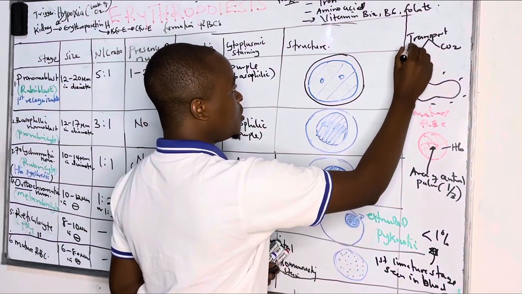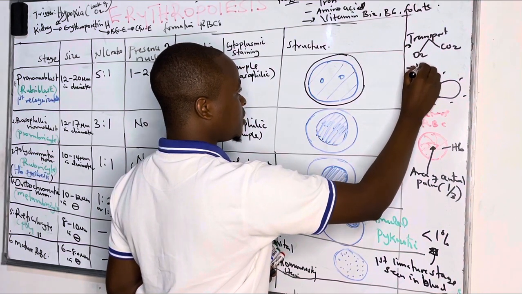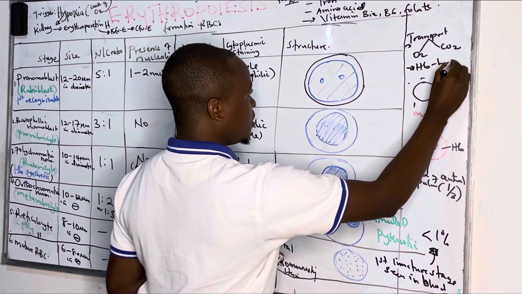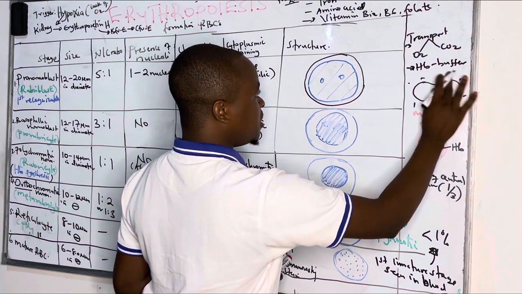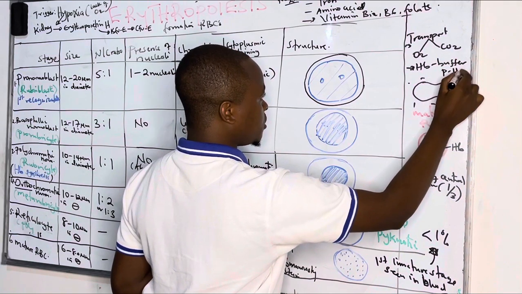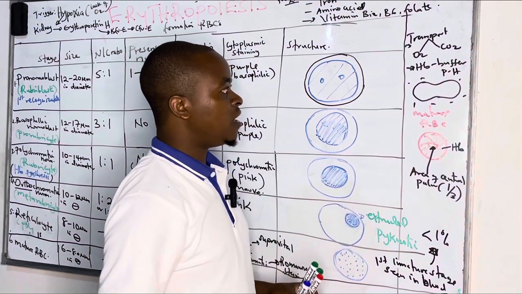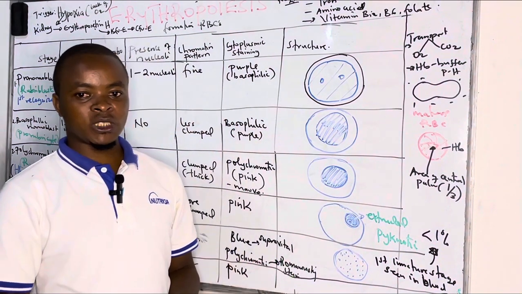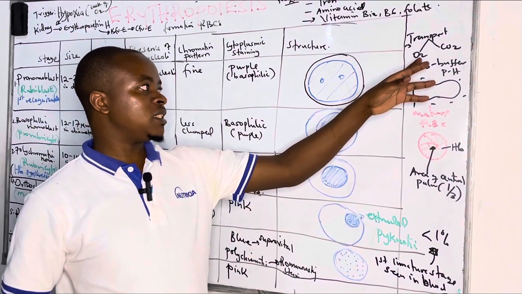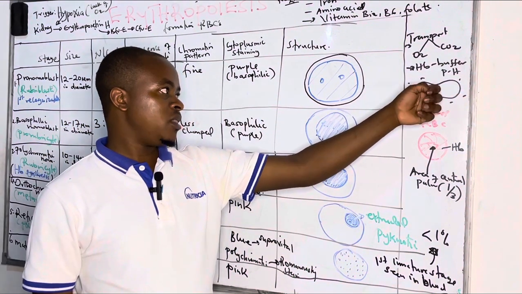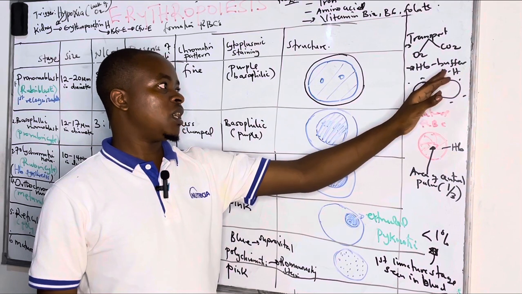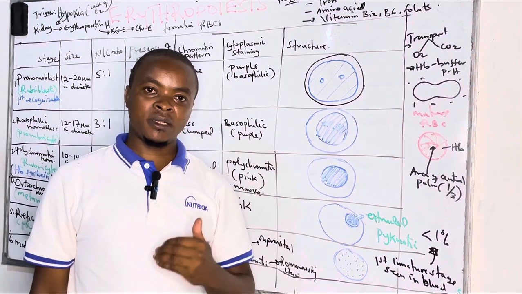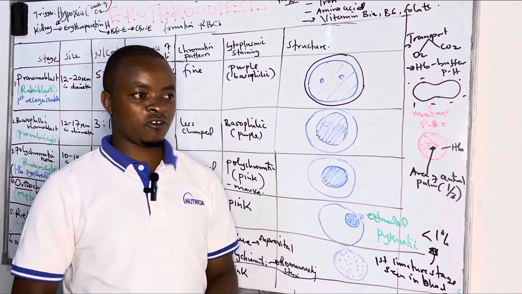Then the hemoglobin also acts as a buffer, meaning it maintains the body pH. So these are the three major functions of red cells: transportation of respiratory gases, oxygen and carbon dioxide, and hemoglobin acting as a body buffer to maintain the pH of blood.